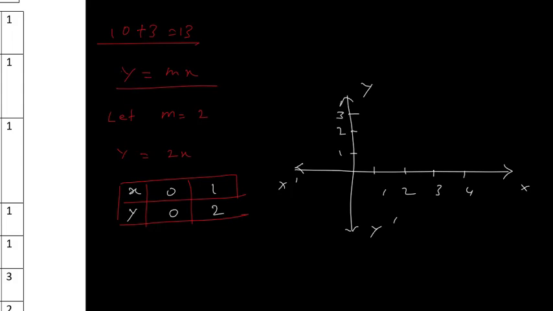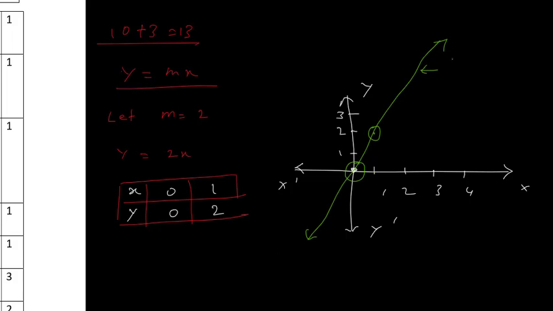Now the points which I got: one is 0 comma 0, so this origin is your 0 comma 0. Then 1 comma 2, so along the x-axis 1 and along the y-axis 2, you will get one more point. Like this you can obtain a few more points, and when you join them you will get a line like this. So this is the solution for y equals 2x.